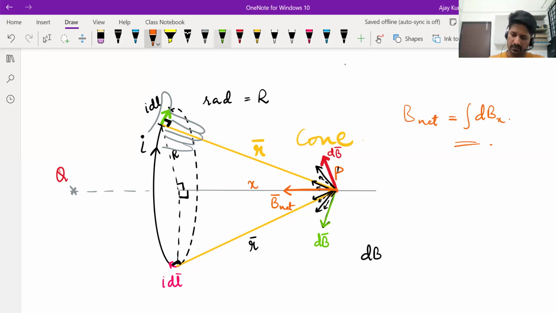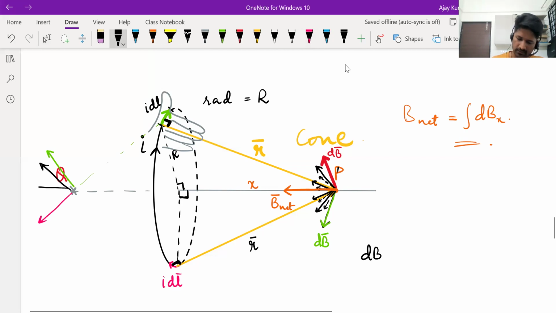You will see that this green element will produce a magnetic field at that point in this direction. The dB will be this way. The other dBs will be like this. They'll all form a cone like this now. And the resultant will be towards left itself. It will not be towards right. It will be towards left. Sashank, are you able to visualize? Yes. It will be towards left.